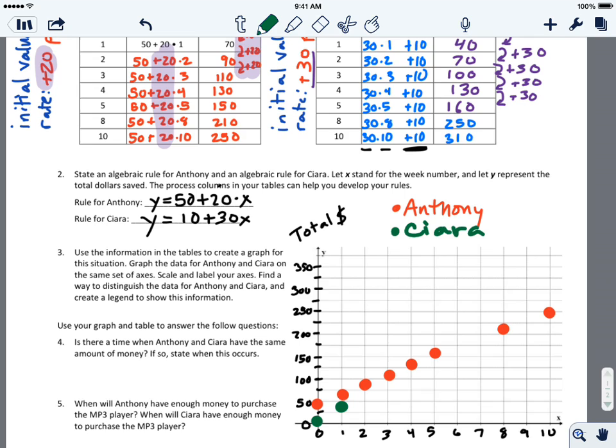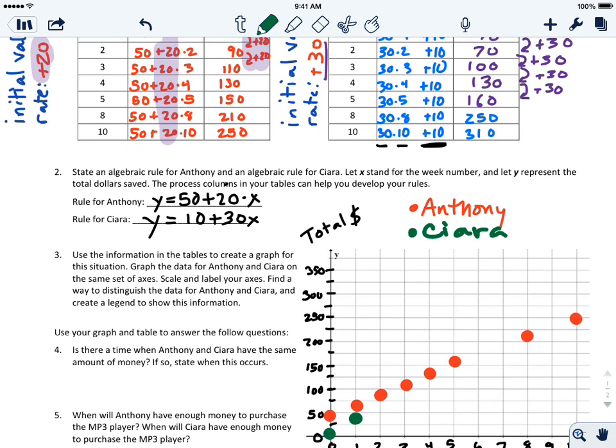And then 2, 70, which is right there underneath 75. 3, 100. Looks like she's catching up. And then 4, 130. Ooh, it went right on top of it. And then 5, 160. And then 8, 250. And then 10, 310.